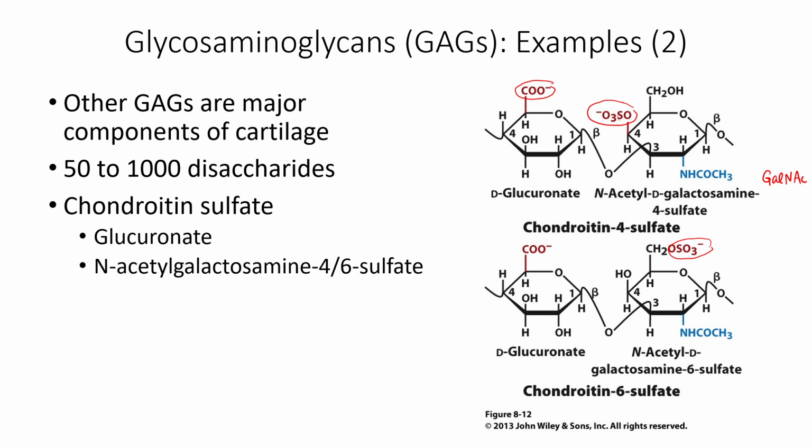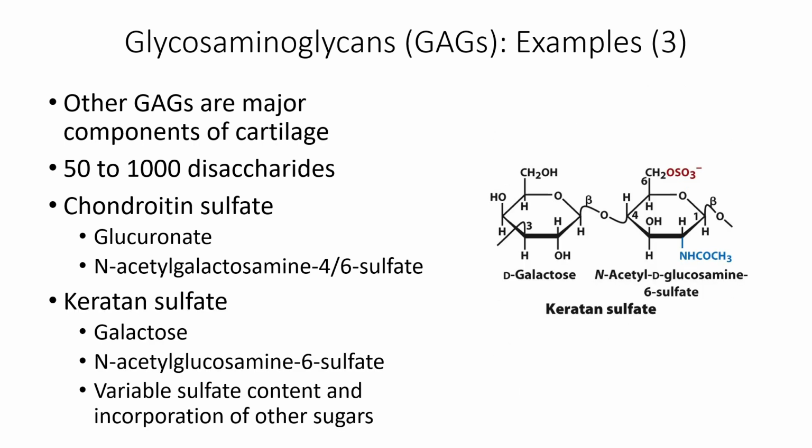Either one of these disaccharides is considered chondroitin sulfate. So we can have chondroitin 4-sulfate, where the N-acetylgalactosamine is substituted on the 4 carbon, or chondroitin 6-sulfate, where it is substituted on the 6 carbon.